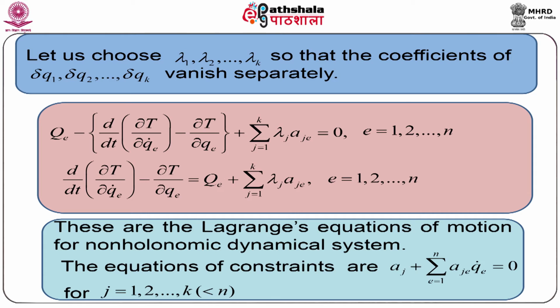To solve these equations, we have to supply the constraint relations, which have been given in the modified form here. q_e dot means d/dt of q_e. This is valid for j equal to 1, 2 up to k, since there are k number of constraint relations.